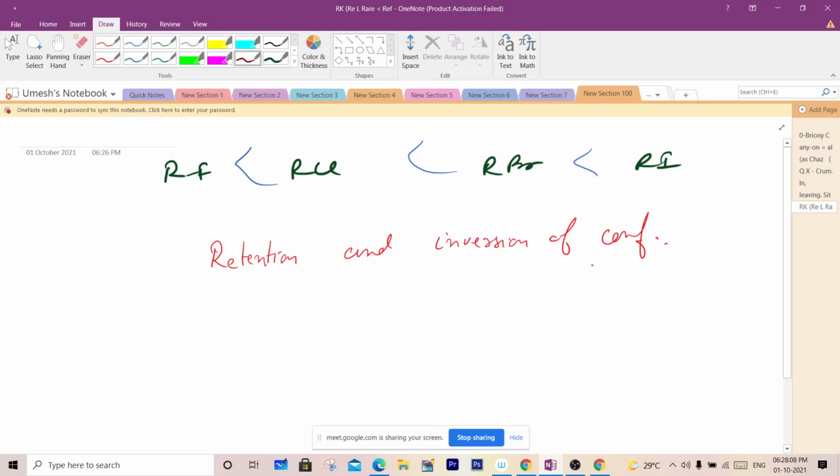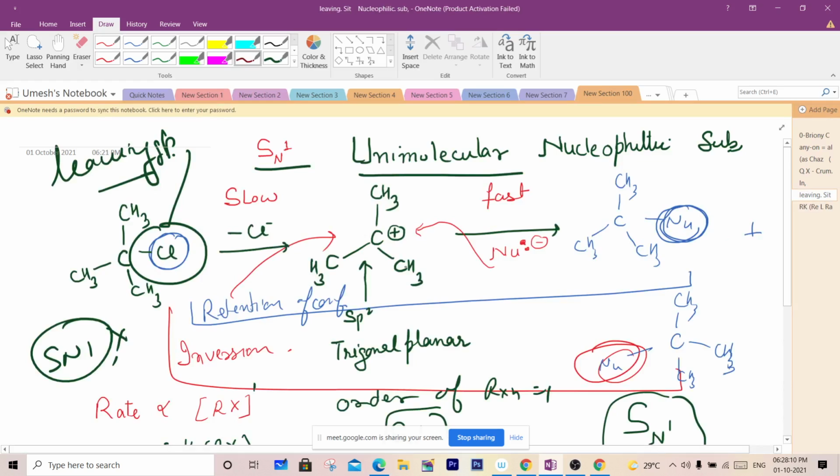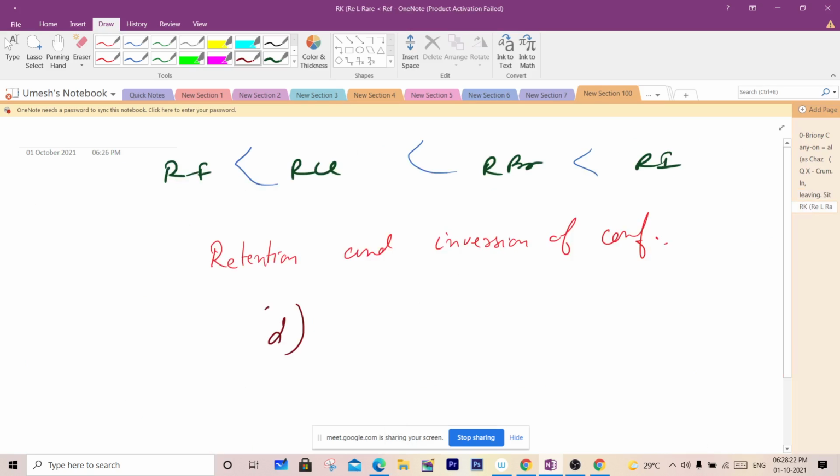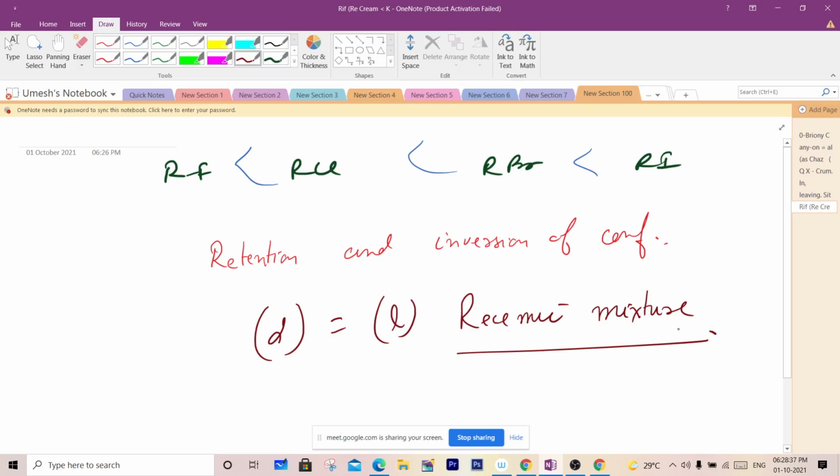If this is dextrorotatory, this will also be dextrorotatory, but this will be levorotatory. So the product will have equal amounts of dextro and levo. If the dextro and levo concentrations are equal, what do you call such a solution? A racemic mixture.